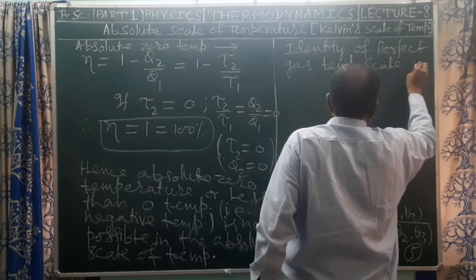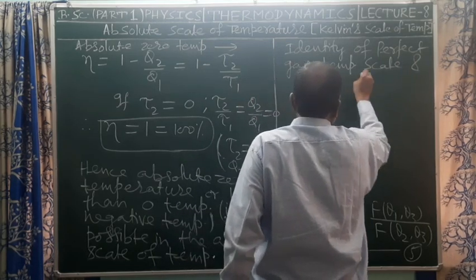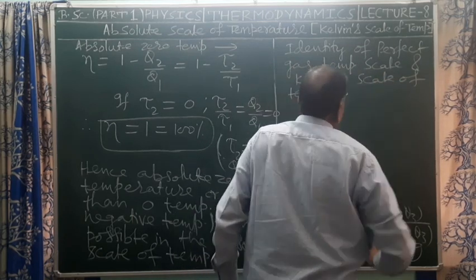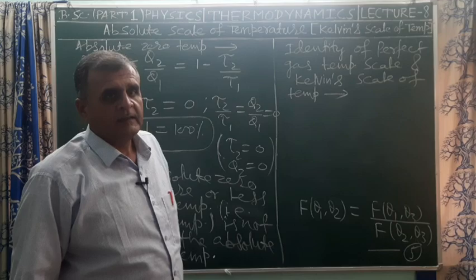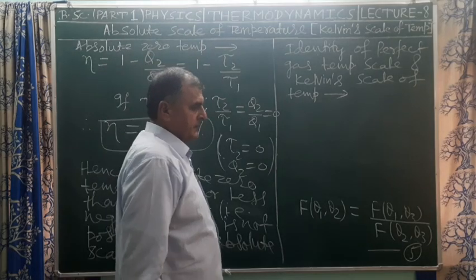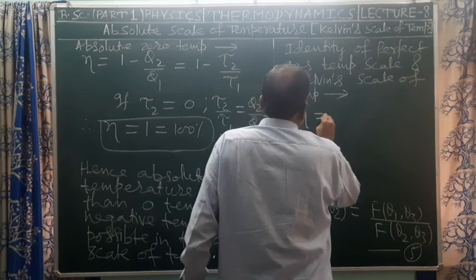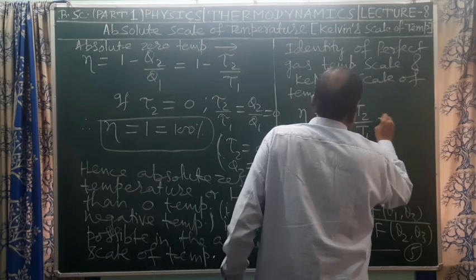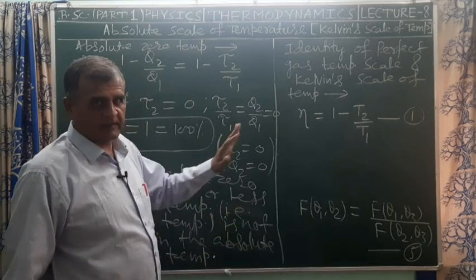Identity of perfect gas temperature scale and Kelvin's scale of temperature or absolute scale of temperature. If an ideal gas is used as a working substance in a reversible heat engine, then the efficiency of that reversible heat engine we can write as eta equals 1 minus T2 upon T1, for a perfect gas temperature scale.